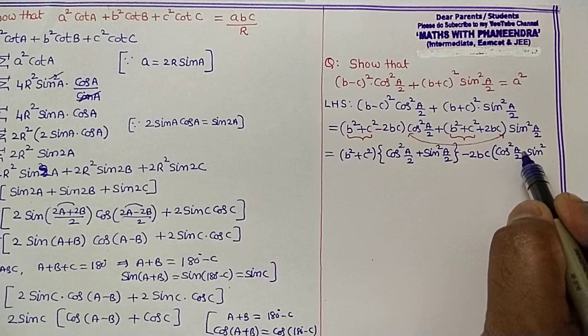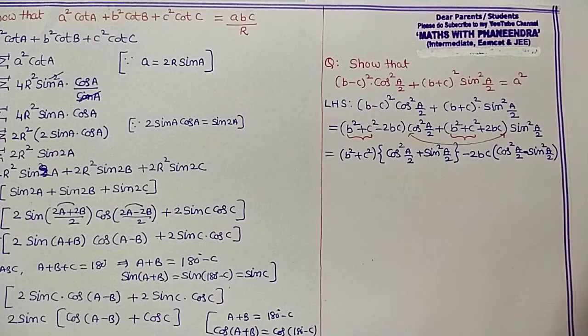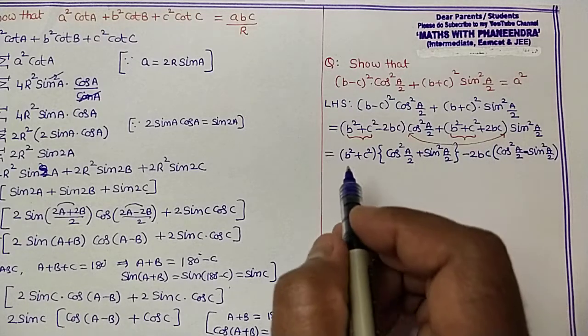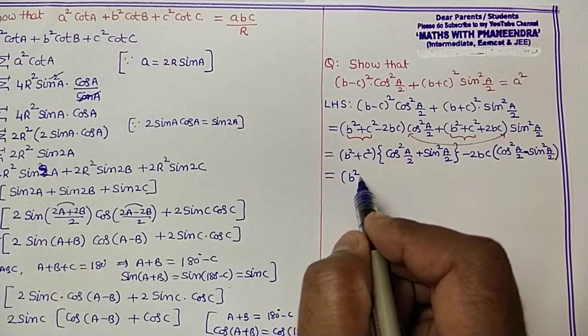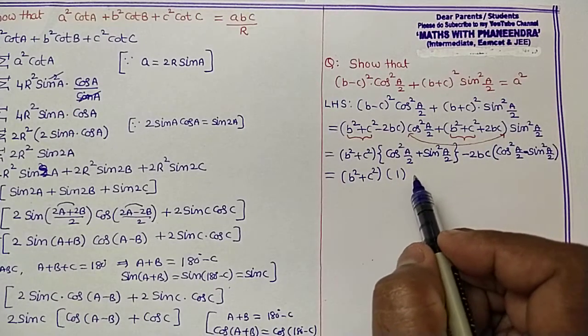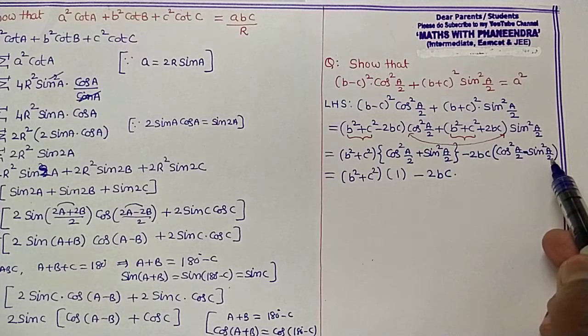Why? Because if you take out minus common, plus minus will come. We know that sin square A by 2 plus cos square A by 2 value is 1. So b square plus c square into this value is 1 from the identity. Minus 2bc into cos square A by 2 minus sin square A by 2.